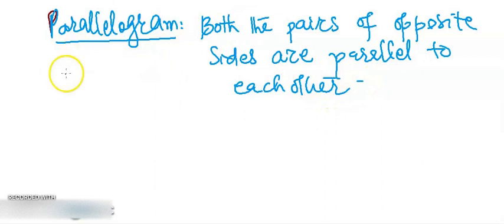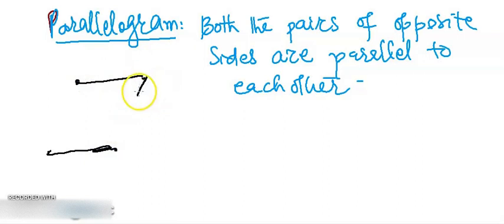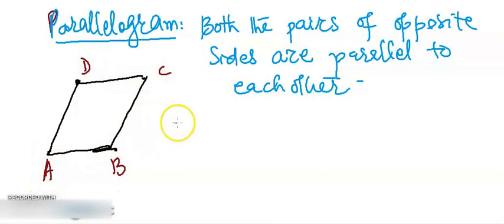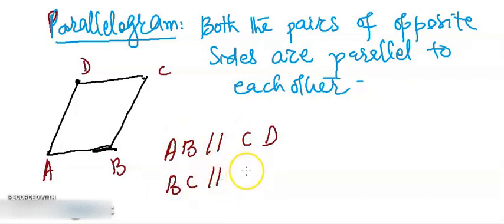If you notice, let's call this A, B, C and D, then clearly AB is parallel to CD and BC is parallel to AD. So both pairs of opposite sides are parallel to each other.